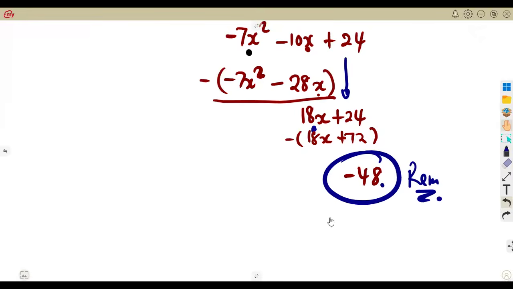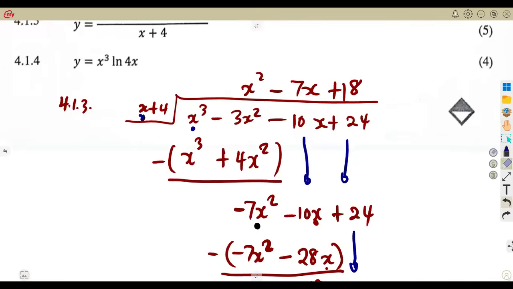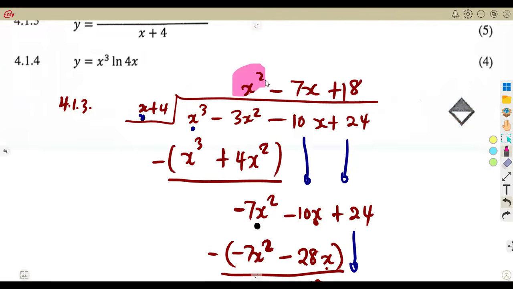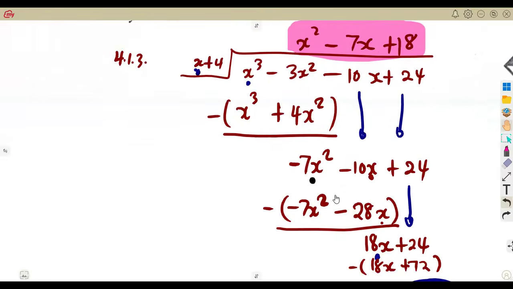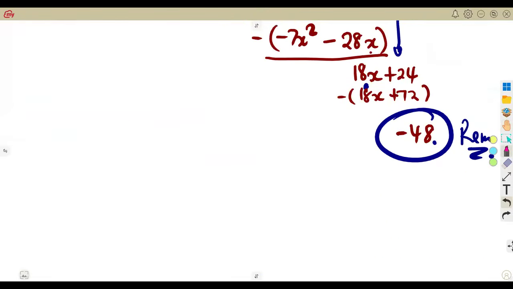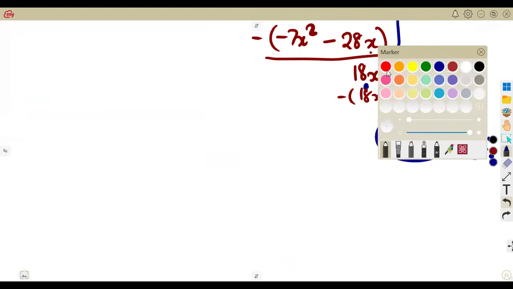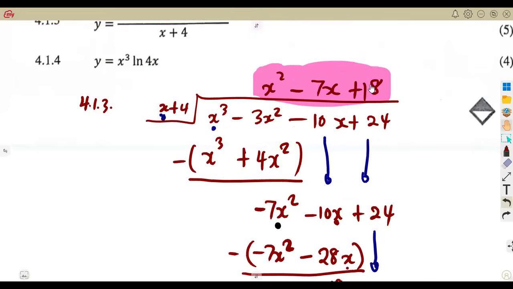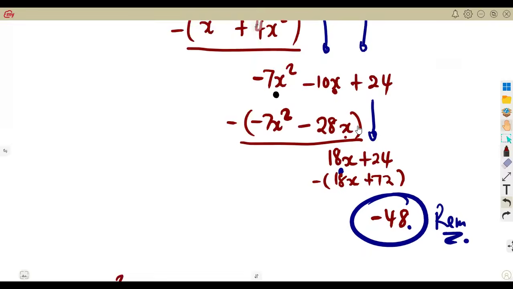So when we divide, what is it that we got? We got this as our answer: x squared minus 7x plus 18. So this is what you're going to have at the end. After dividing, we have x squared minus 7x plus 18, as it is, plus the remainder.